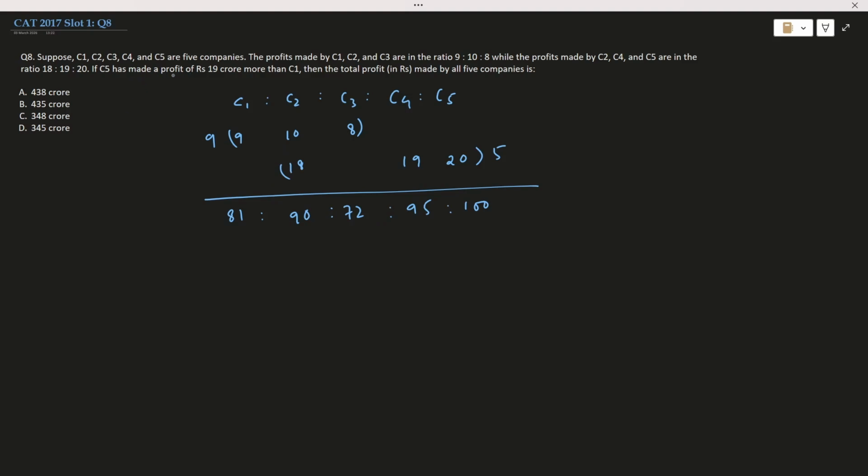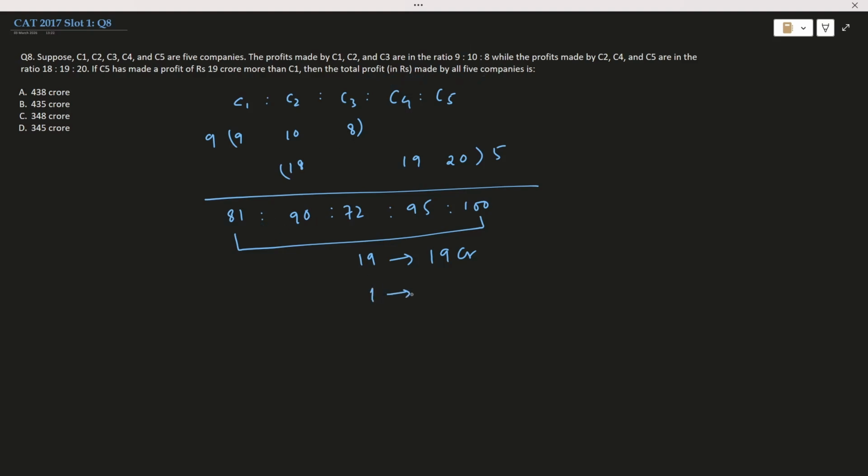If C5 has made a profit of 19, so 100 stands for 19 crore. Achha, 19 crore more than C1, right? So what is the difference? 19 is the difference. 19 stands for 19 crore, right? Then the total profit made by all the 5 companies, so just add them.